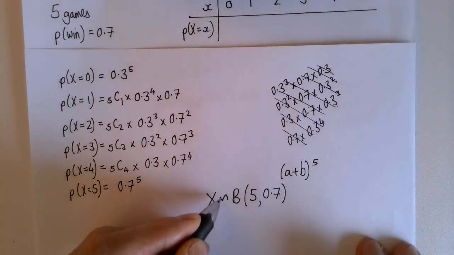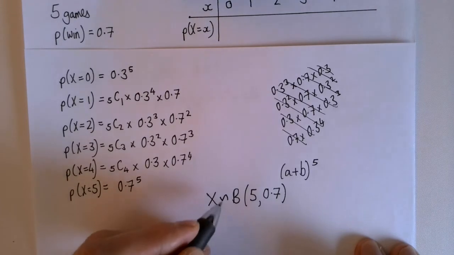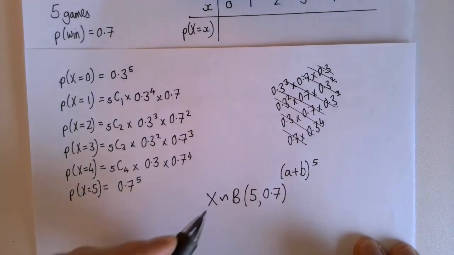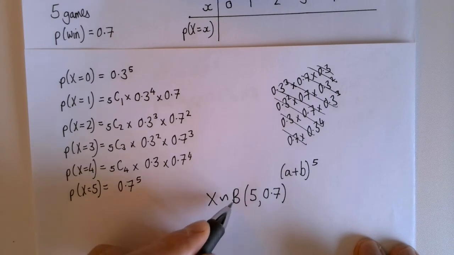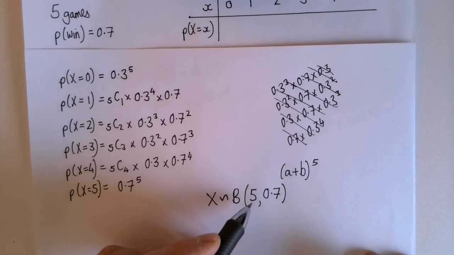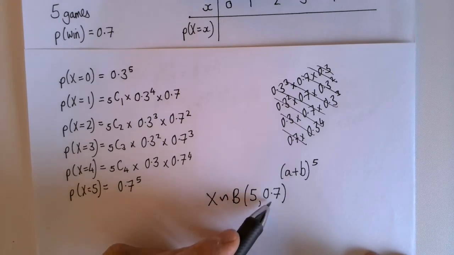So this is a funny little sort of, it's like, when we do approximately equal to, you do a squiggly equal sign, well that's like one of the squiggles. We're saying x can be modelled as a binomial probability distribution, where we're doing something 5 times, and every time we do it, the probability of success is 0.7.